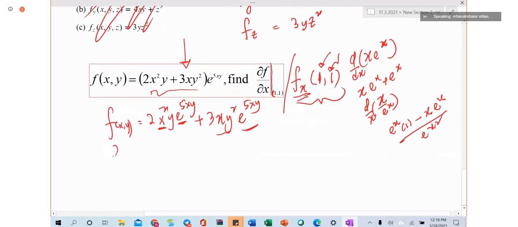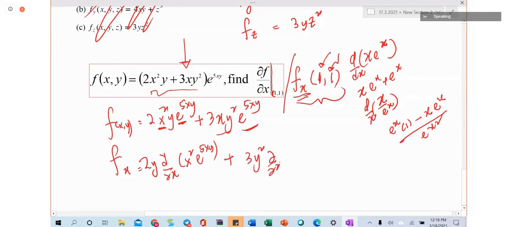So f_x will be: you put 2y outside, but you have to differentiate the square and e to the power of 5xy, plus 3y² you can bring outward, and then you have to differentiate.